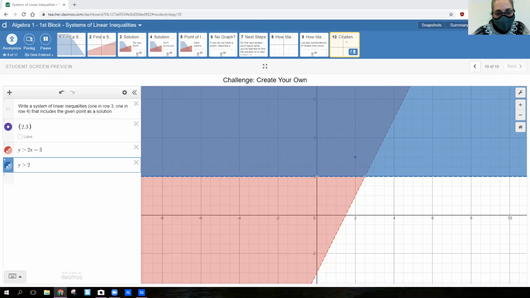Gaspard, you need another line. You're gonna need something like a y greater than or equal to. There you go, good. Just move that blue one down a little bit more. Gloria, yours, you need to move that red line to the right a little bit more, so that way your point is in the region where they're both shaded.